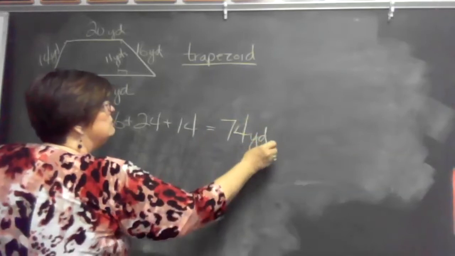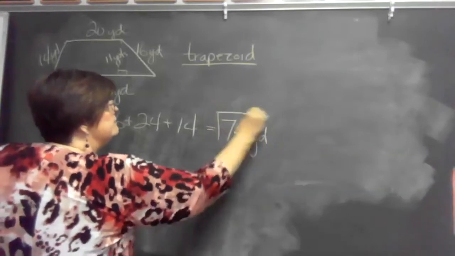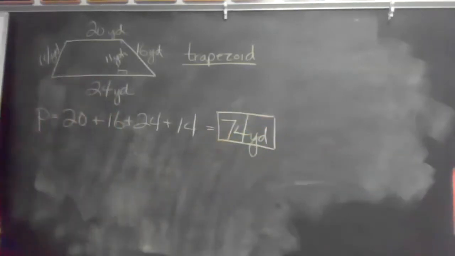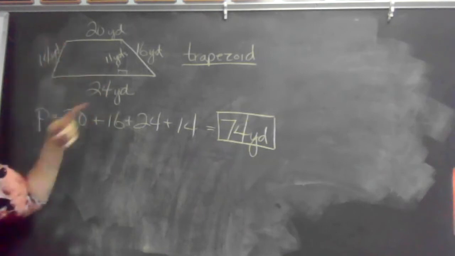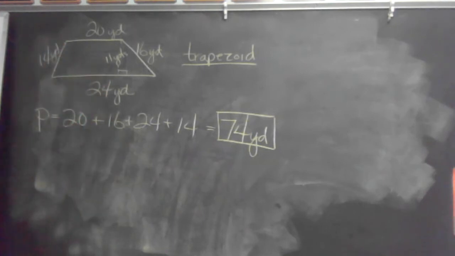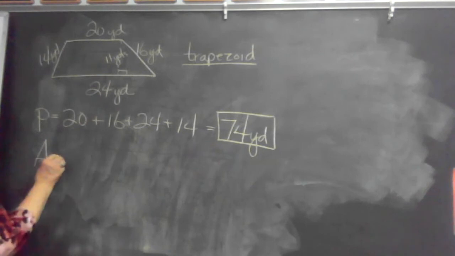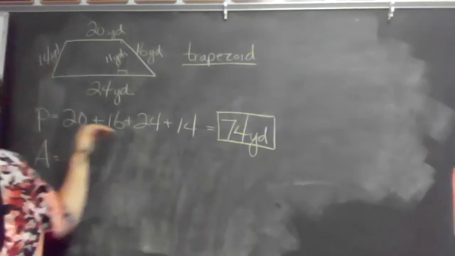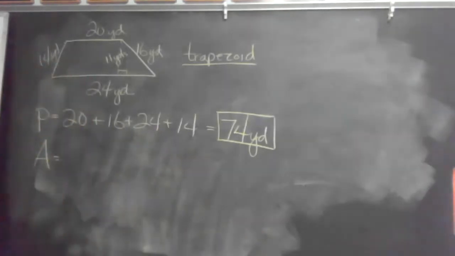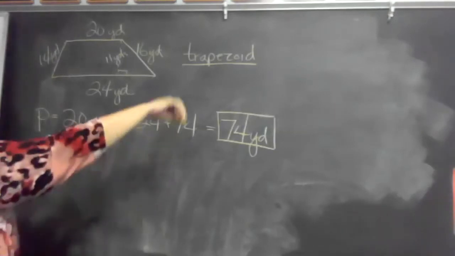Correct me if I'm wrong. You said that is correct? Okay. So our perimeter, we do not include the 11 because the 11 isn't around the outside. Okay, now we're going to do the area.